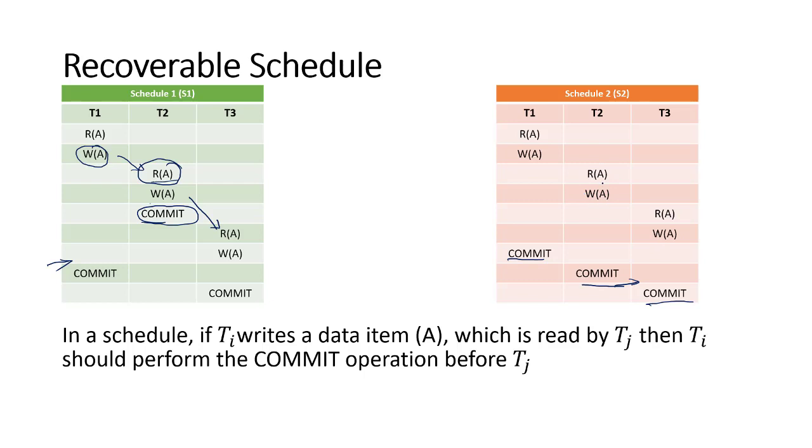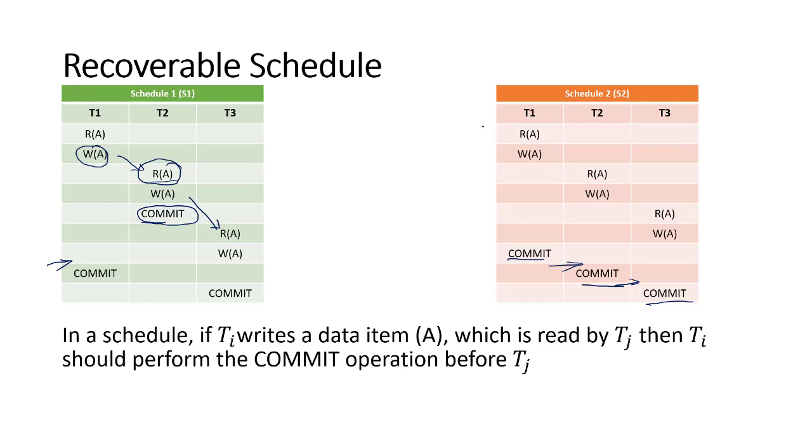Now if T2 fails at this position before commit, then what will happen? We need to roll back T3 as well as T2, but we can recover the database and ensure the consistency of the data.